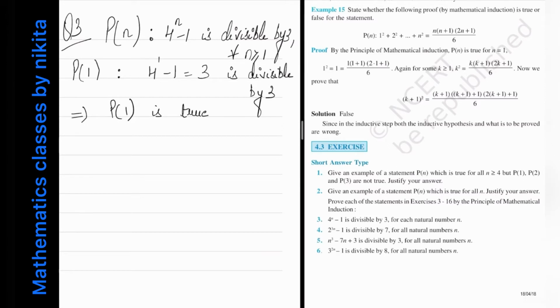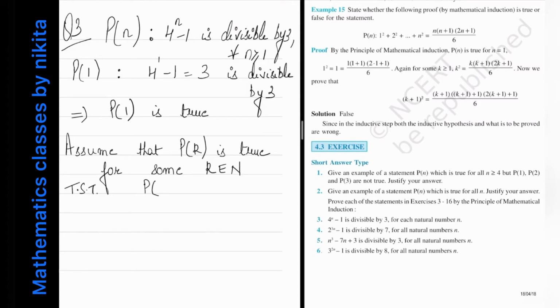So now we will assume that P of k is true for some k belonging to n. So k can be any natural number, and we will show that P of k plus 1 is true.